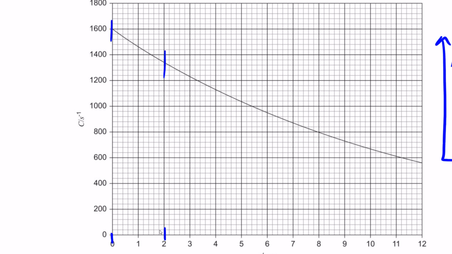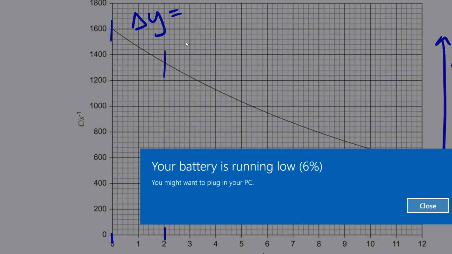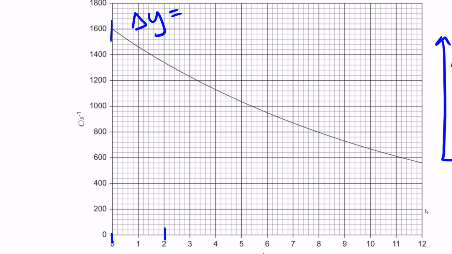Our delta y, just drawing over the line, it's not ideal, would be about 1600 minus 1350, which comes out as 250.